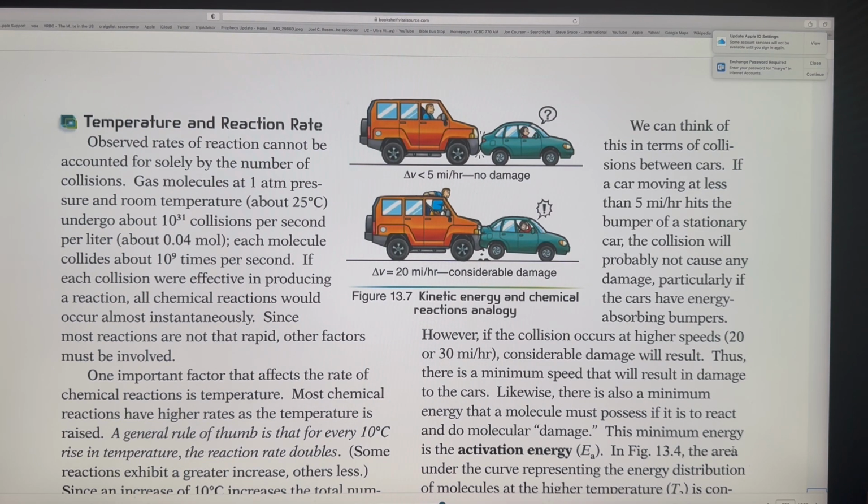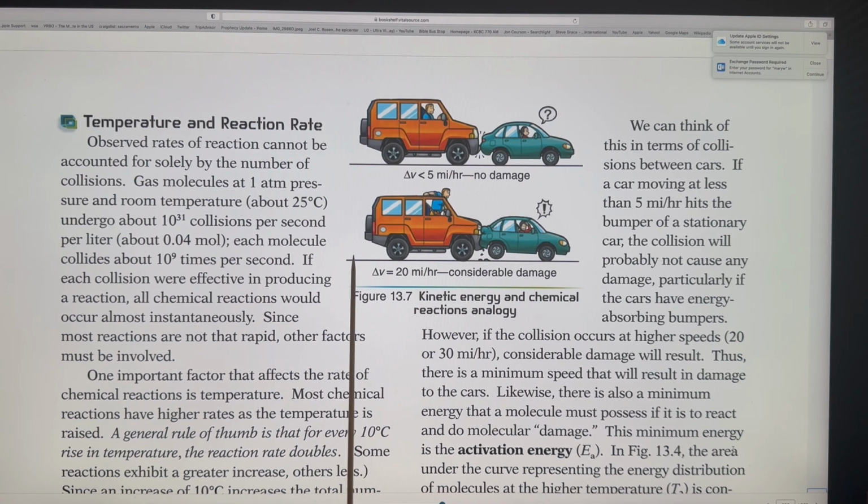So, temperature and reaction rate. It says observed rates of reaction cannot be explained just by the number of collisions and concentration, but now we have the energy of how fast the car's going. That would be the kinetic energy. If you're going really slow and you just bump a car, there's not going to be very much damage.